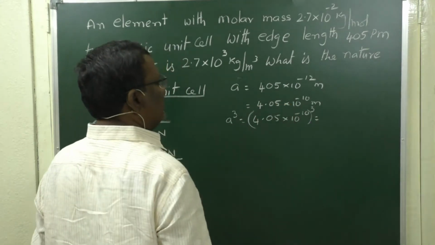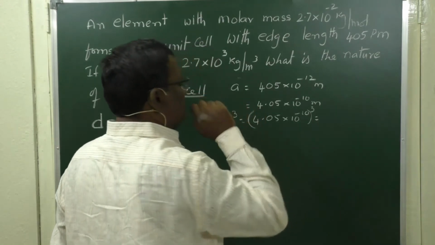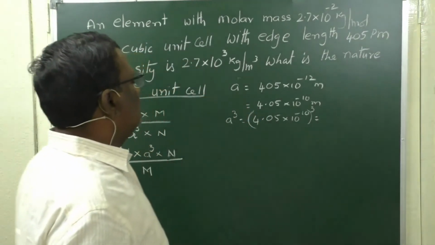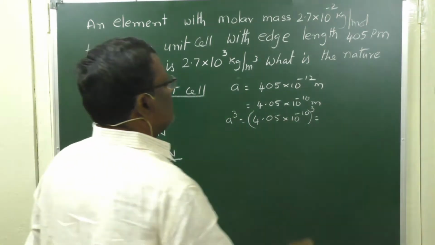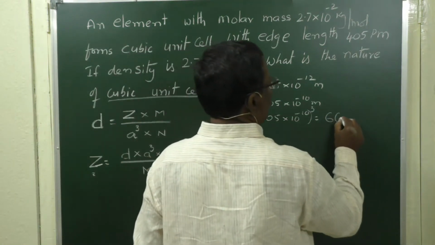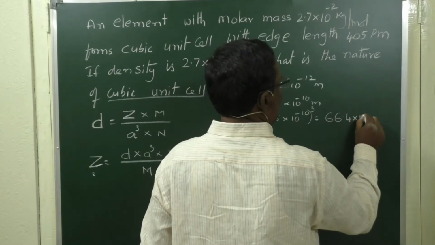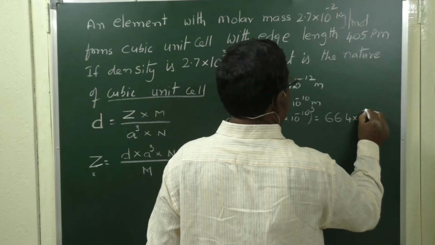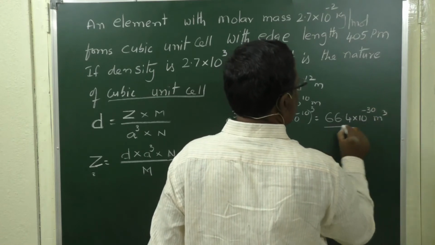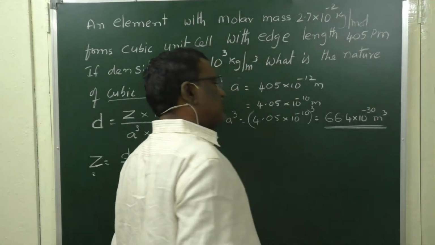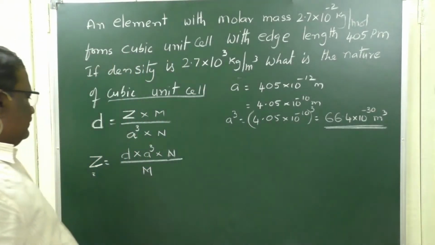On simplifying this, you will get 66.4 into 10 to the power minus 30 cubic meters. This is the A cube value.